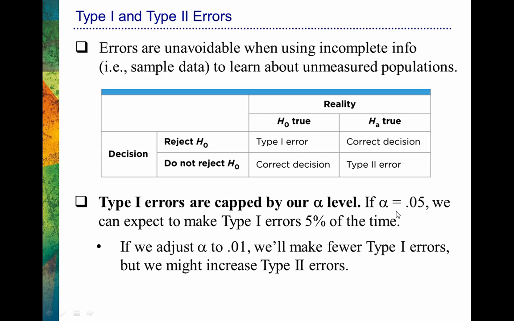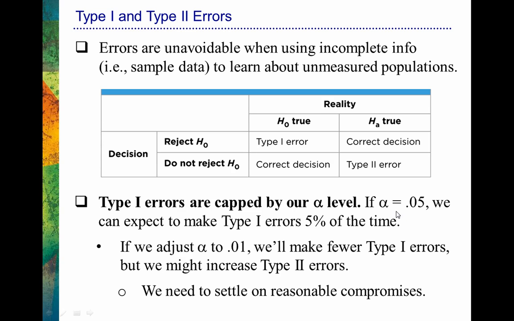Now we're talking about life and death types of decisions, about what drugs work, what medical procedures work or not work. So they might say, hey, for us to determine that we have statistically significant results, let's use an alpha of 0.01. The main reason they make that decision, you might have wondered, is because they only want to make type 1 errors 1% of the time. Now only 1% of the time will we conclude that a drug works when it doesn't.